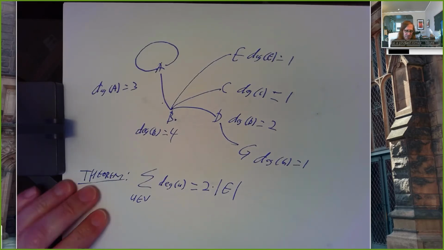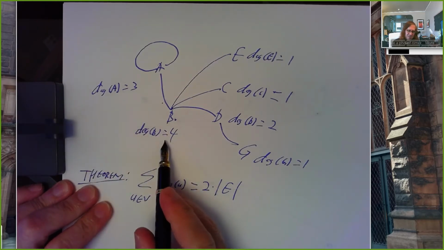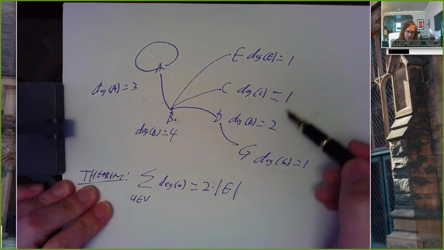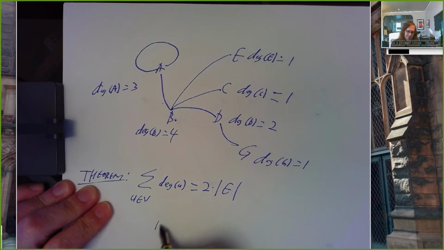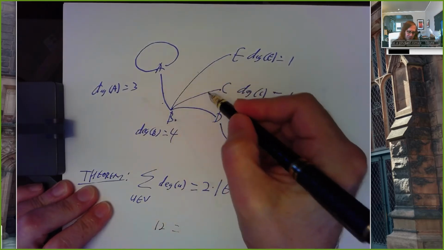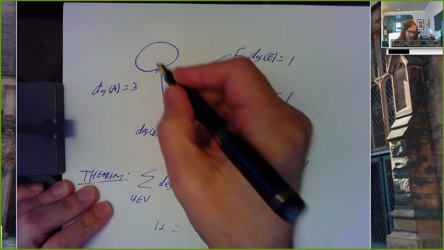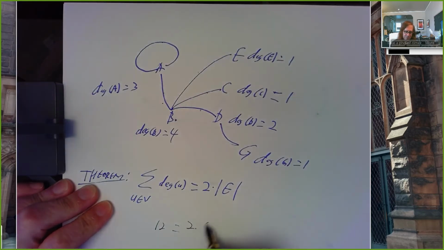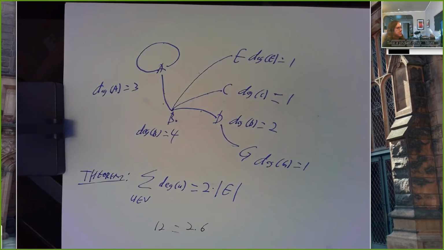So in this case, what do we get if we add the degrees? 3 plus 4 is 7, 8, 9, 11, 12. And how many edges do we have in our graph? 1, 2, 3, 4, 5, 6. And the sum of the degrees is exactly twice the number of edges. And this is always the case.